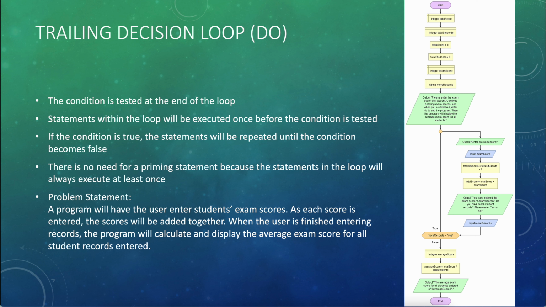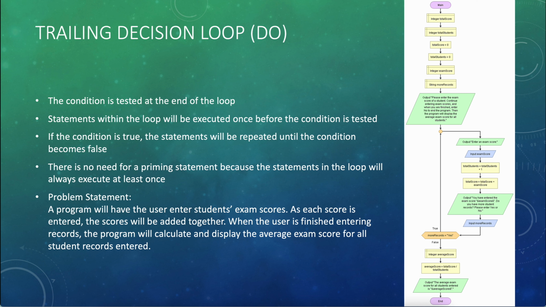In this case, there is no need for a priming statement because of that. What a priming statement means is, in our while loop, we had to get input from the user first so that there was something for that condition to check. So outside the loop, we had to get the exam score from the user.